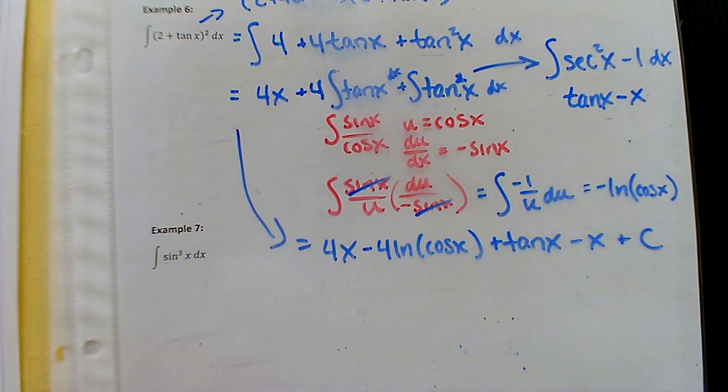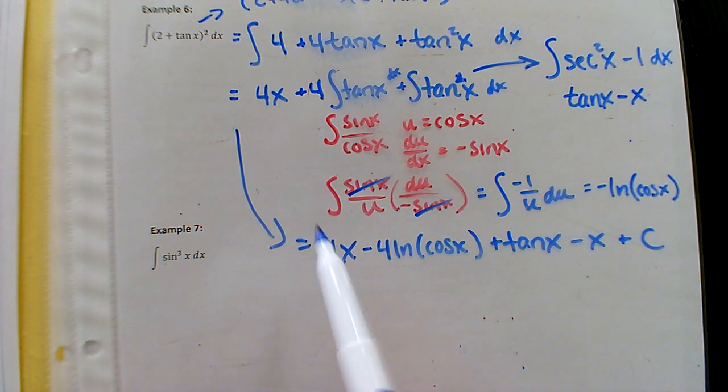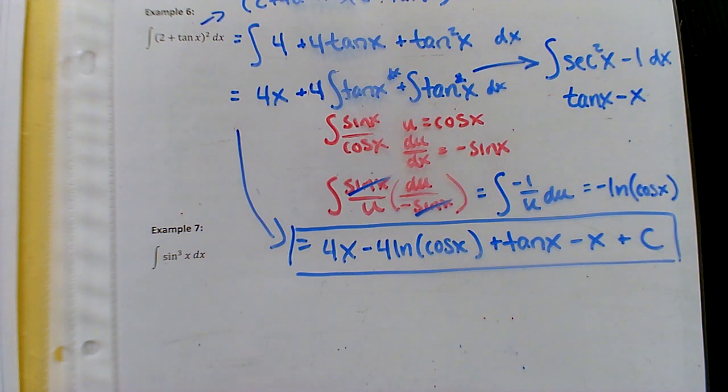We don't know any bounds, so you can do plus c. If you wanted to combine the 4x minus x to write a 3x, you could do that, but maybe we'll just leave it like that. So there was a mixture: we had to do u-substitution, and we had to use some trig identities. Either way, you just keep chipping away until something works.